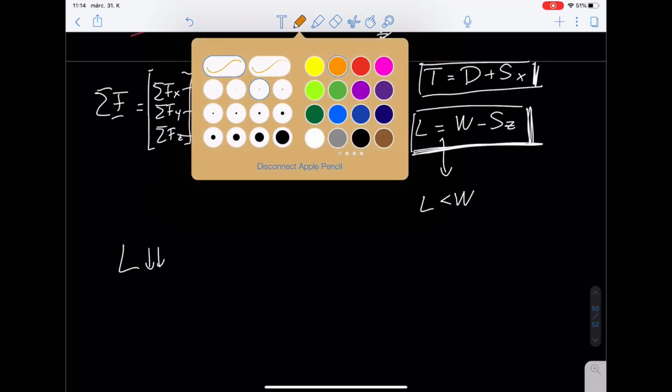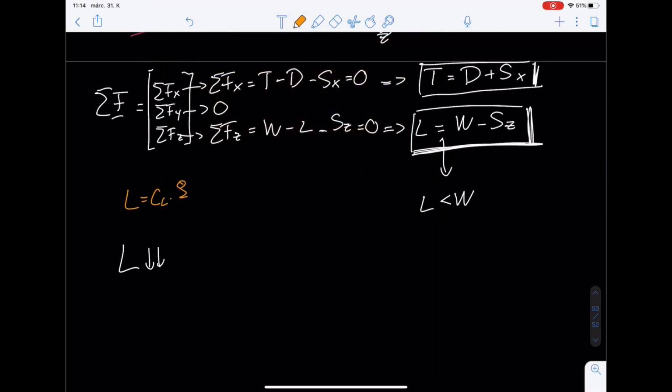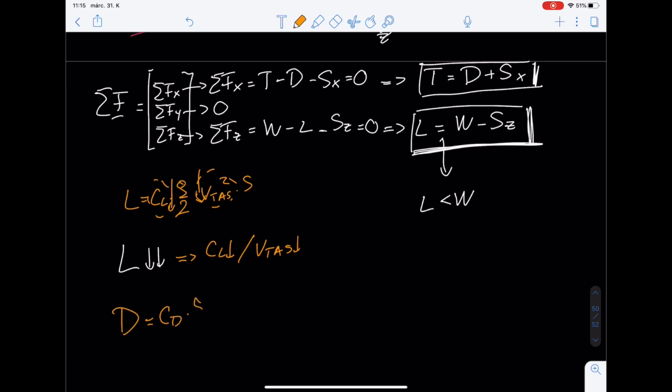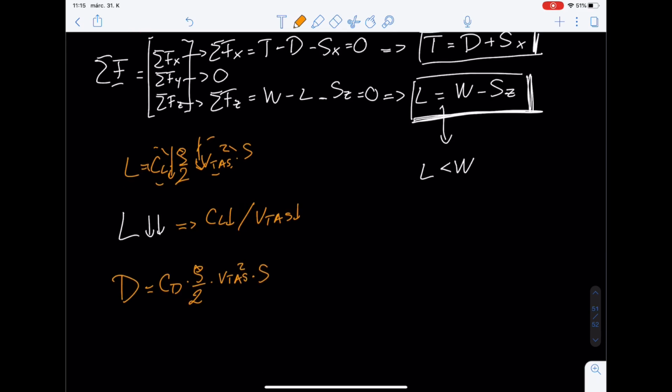And how I can do that, if you look at the formula, is I can, just like in the previous case, reduce the velocity or reduce the lift coefficient, right? So I either reduce the lift coefficient or reduce the true airspeed, or I can do both. And in that case, what I'm going to see is that because I have the drag calculated as the drag coefficient times the dynamic pressure times the surface area, of course, if I reduce the true airspeed and or if I reduce the lift coefficient, I'm going to reduce the induced drag coefficient.